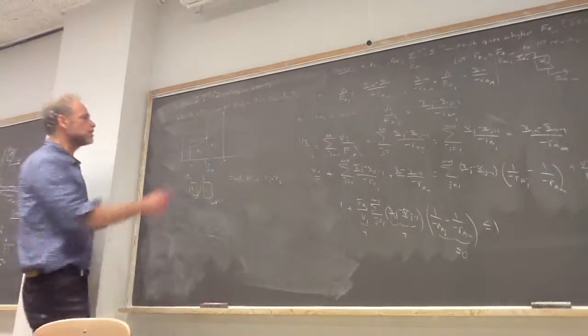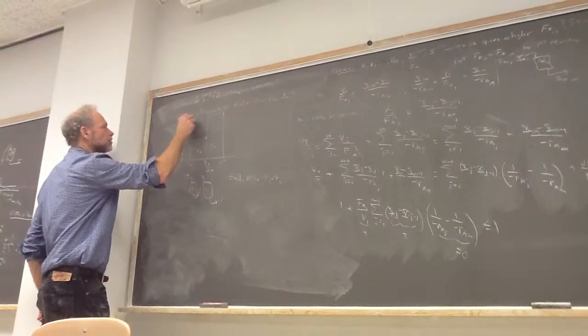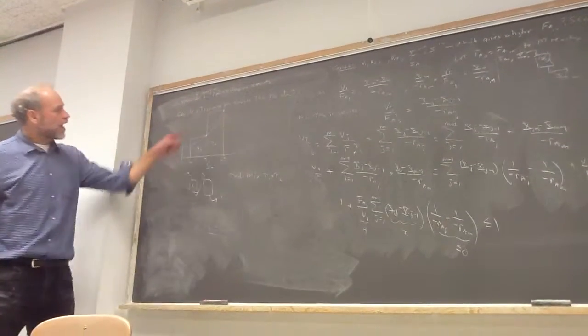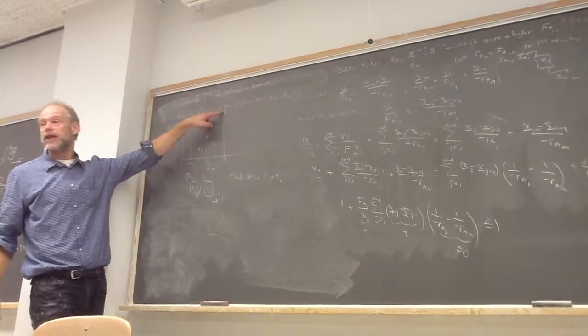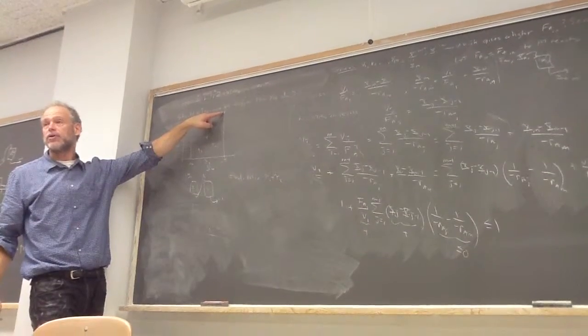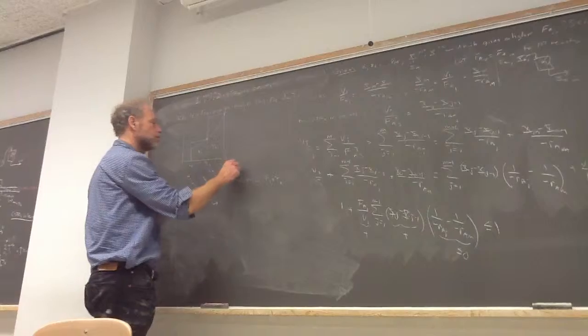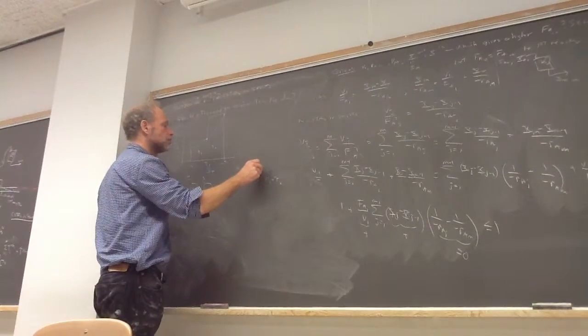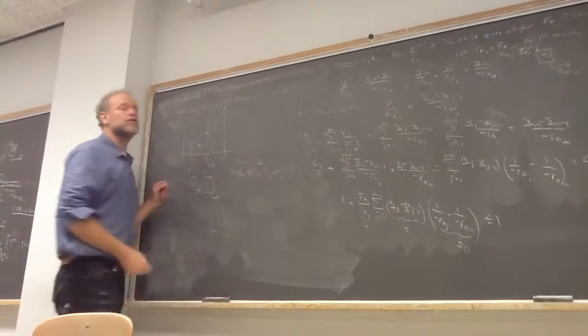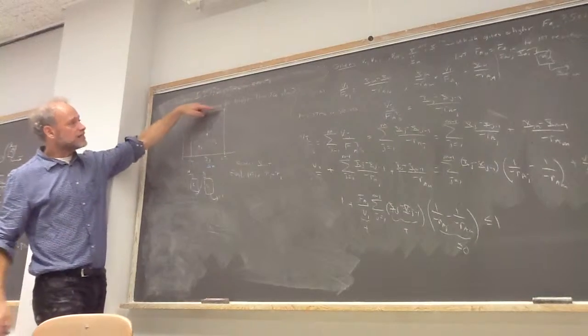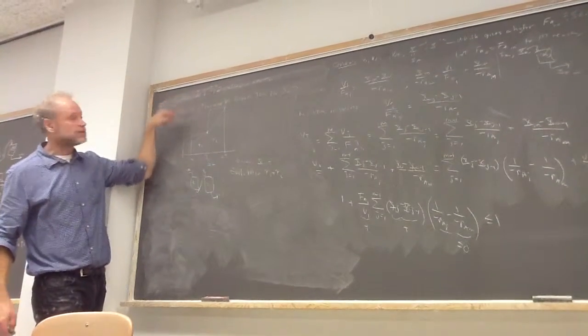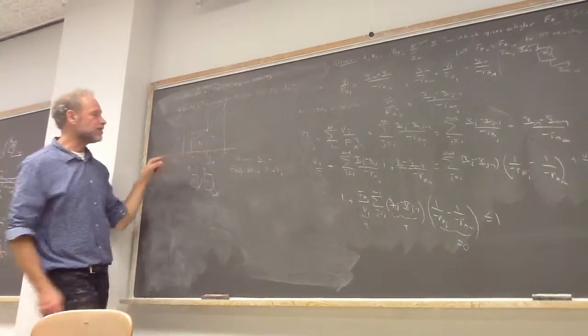Well, notice if I make a big rectangle here, the height of the rectangle is determined by the height of the endpoint, the right endpoint, because that's given. X out is given. So if X out is given, the height of the rectangle is given, the width is given.